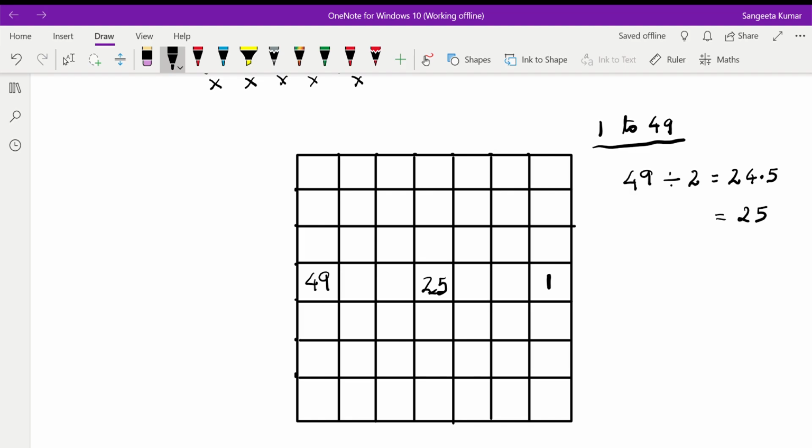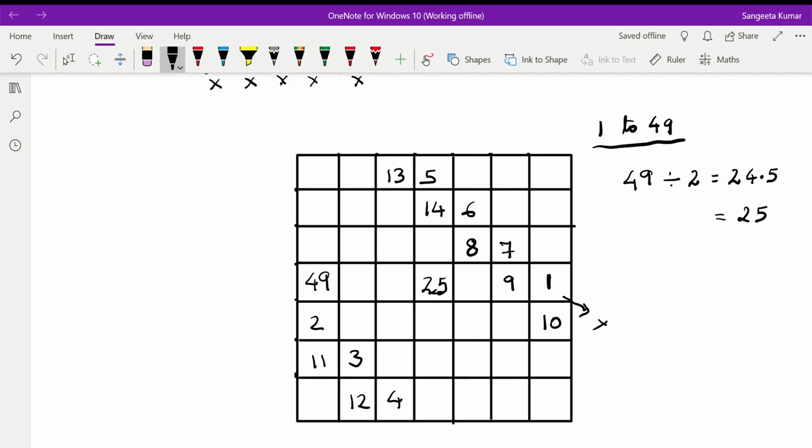Now let us start filling. Here we don't have anything, so this is 2, 3, 4. This cannot be filled, so 5, 6, 7. This cannot be filled. 8, 9, 10. This cannot be filled. 11, 12. This cannot be filled. 13, 14.